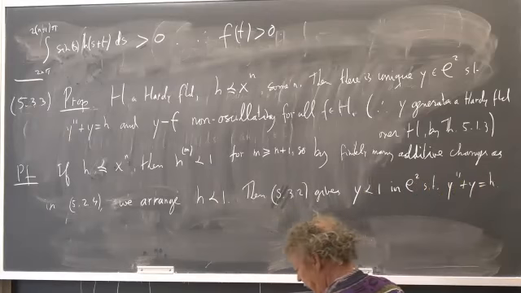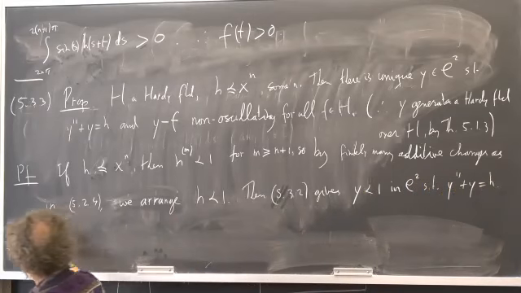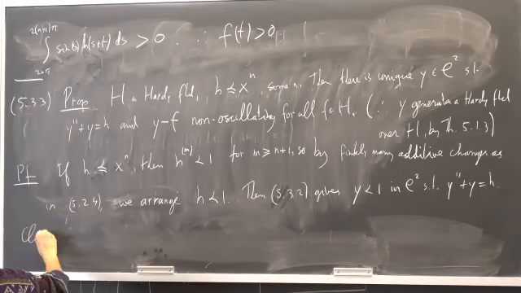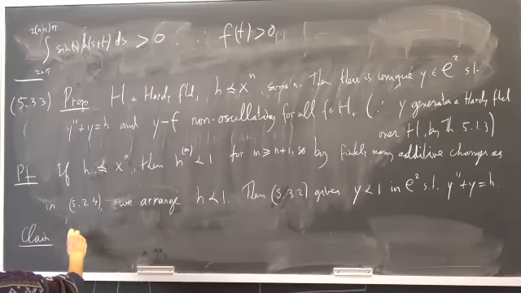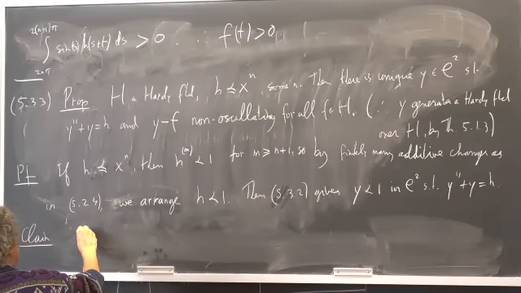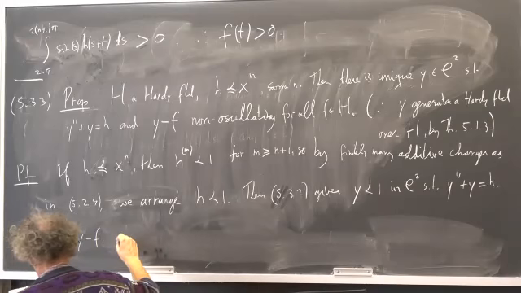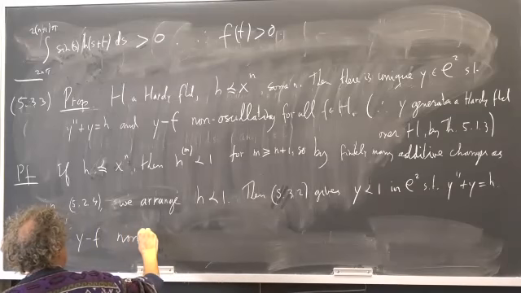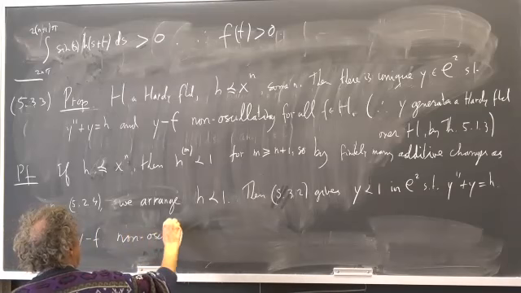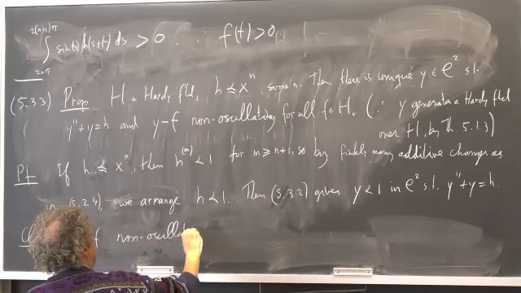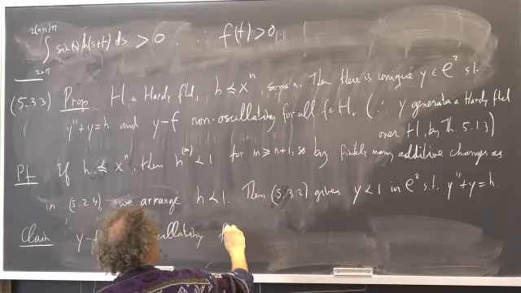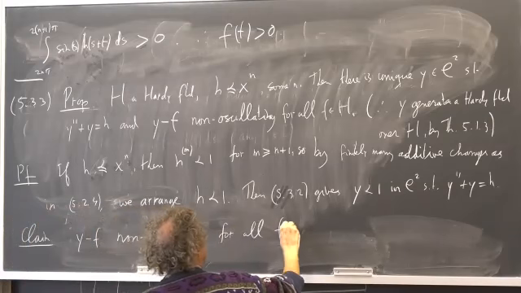And I now want to show that this y will have the required property: y minus f is non-oscillating for all f in H.